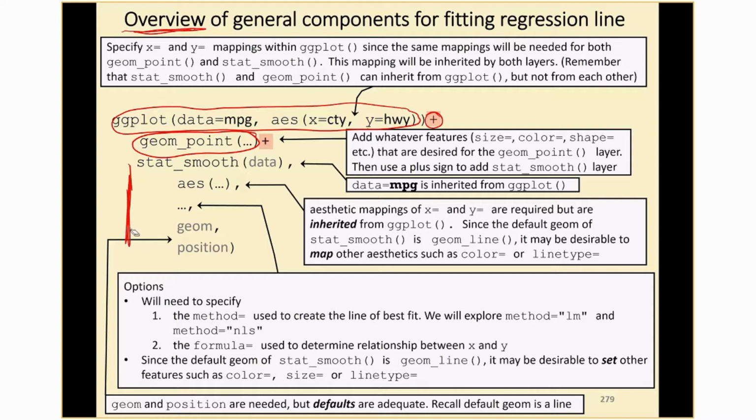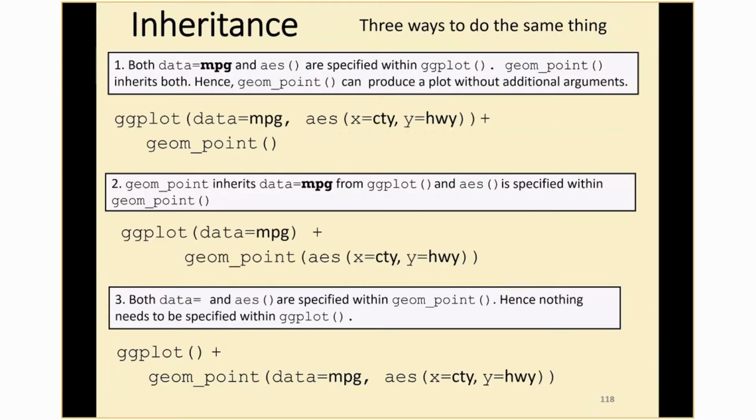So within our plotting function, I'm going to specify both the data frame and also the X and Y variables. Now remember earlier on, we saw a slide that looked like this.